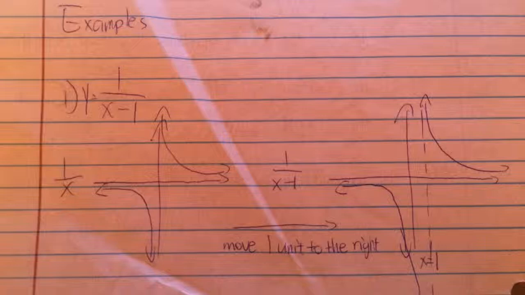Here you can see the function minus 1 to the x. Therefore, according to my rules, the function should move 1 unit to the right. So in the new function, x equals 1 is an asymptote, and that just replaces the y-axis before. Therefore, this is how you move the first function.